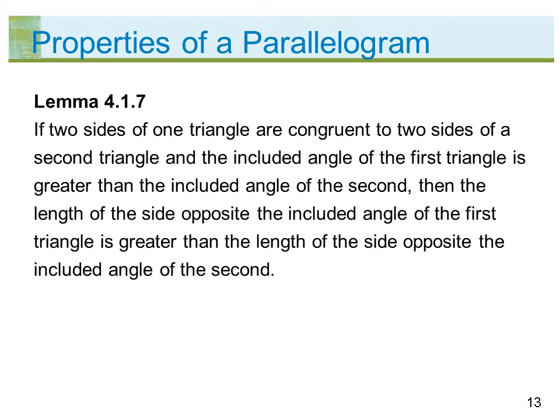If two sides of one triangle are congruent to two sides of a second triangle, and the included angle of the first triangle is greater than the included angle of the second, then the length of the side opposite the included angle of the first triangle is greater than the length of the side opposite the included angle of the second.